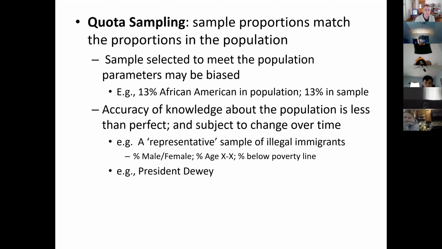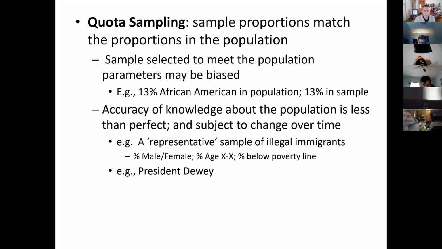The accuracy of the knowledge about the population, though, tends to be not so great using quota sampling, because populations shift over time, maybe not in their actual proportions, but in where they live, et cetera.